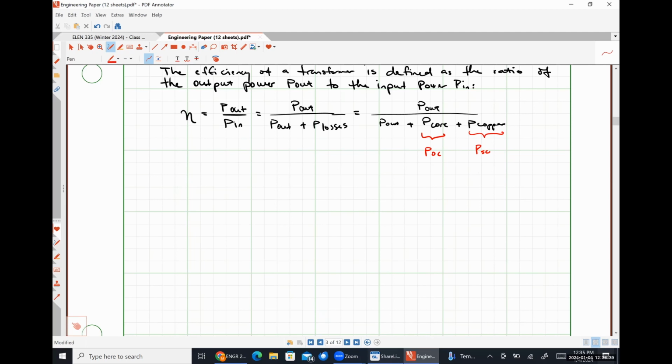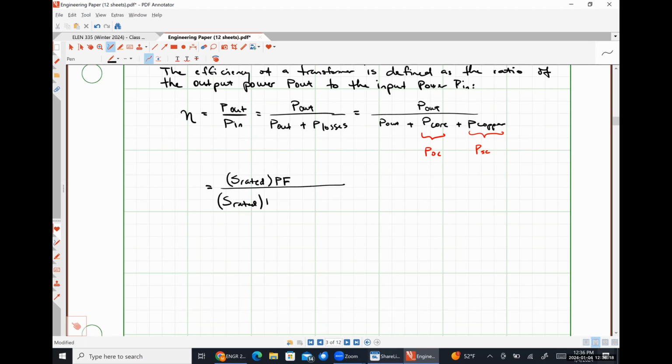Okay. So because the output power is the average power delivered to the load, we can re-express this as our rated apparent power times the power factor at which the load connected to the transformer is operating, divided by that same rated apparent power.